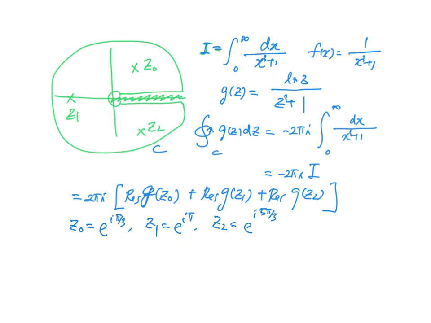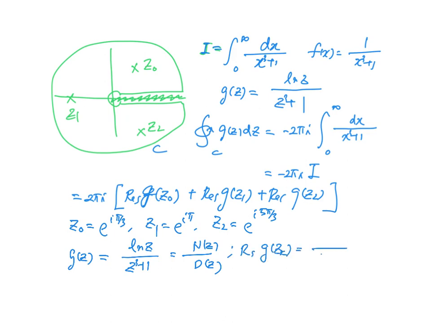And G(z), this is following from N(z) over D(z). Some time ago I gave the formula for evaluating the residue when the function is given by N(z) over D(z). So that's very simple. So the residue of G at zk is simply N(zk) over D prime of zk, right?